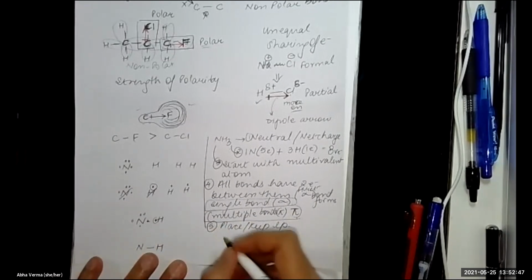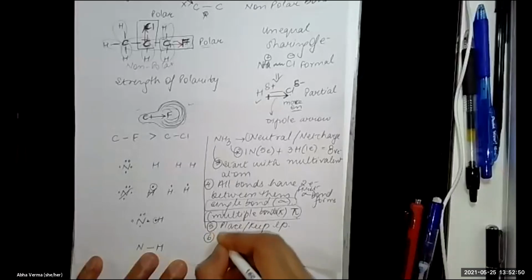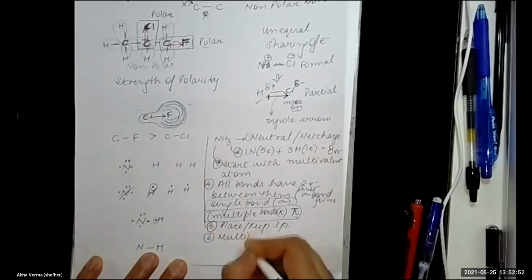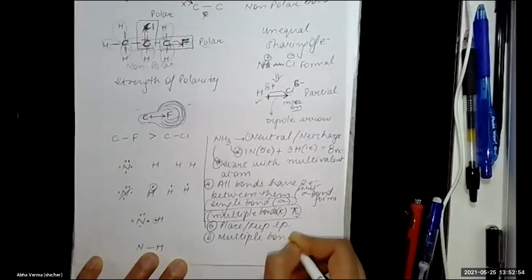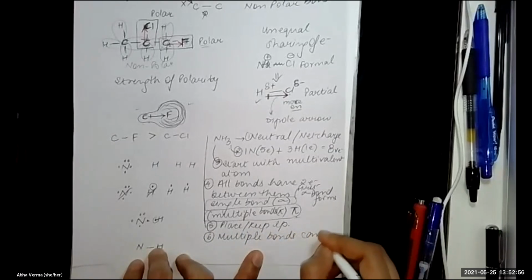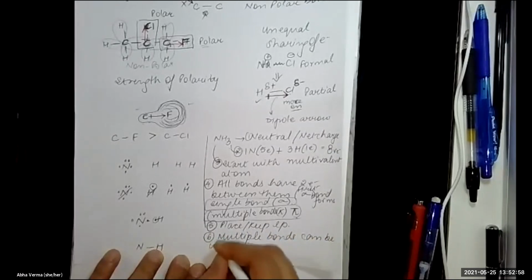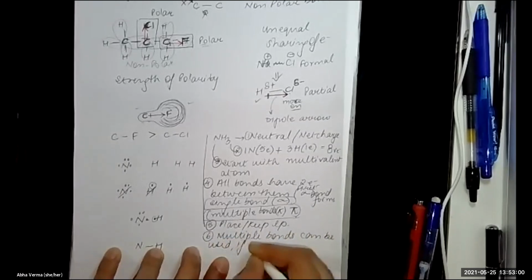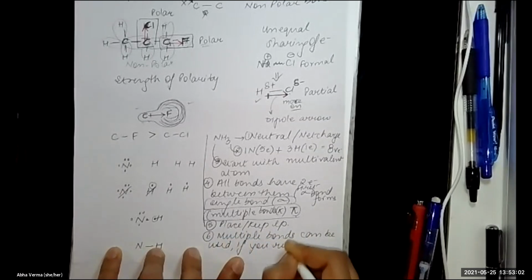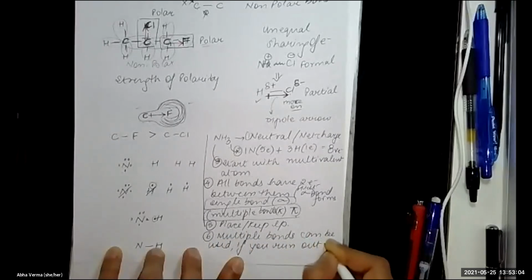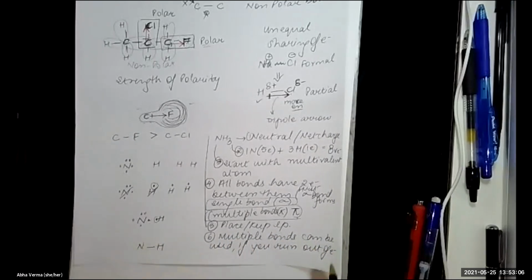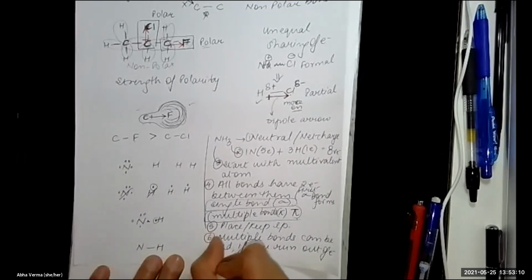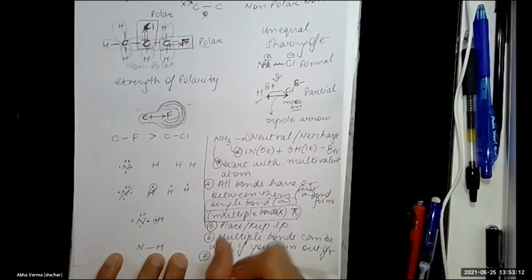Multiple bonds can be used if you run out of electrons. And what does that mean? I'll show this to you on the next example that we are going to see. But always check back.